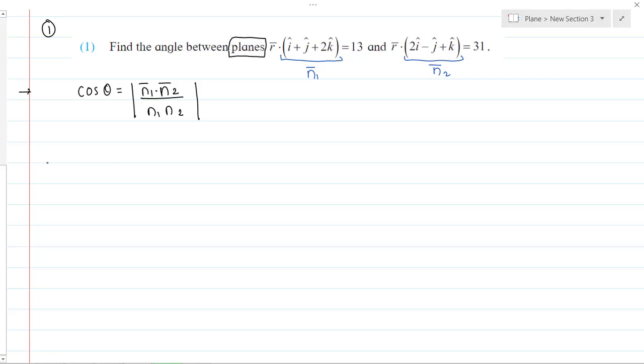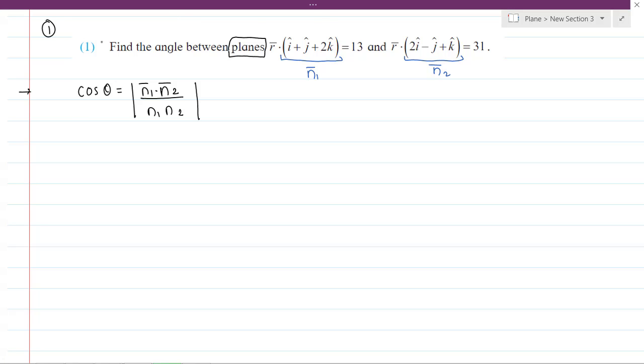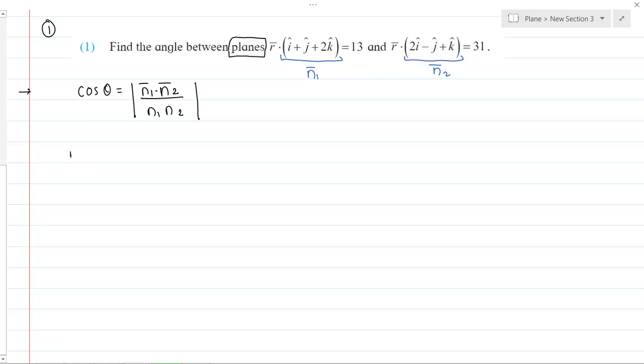So first find n1 and n2 bars. n1 bar dot n2 bar is (i plus j plus 2k) dot (2i minus j plus k). Opening the bracket, it is 2 into 1 is 2, 1 into minus 1 is minus 1, and 2 into 1 is again 2. So it is 4 minus 1, which is 3.